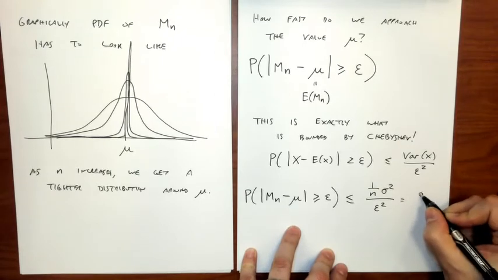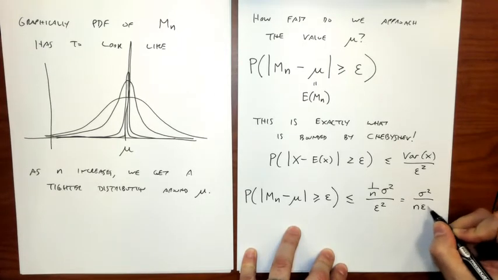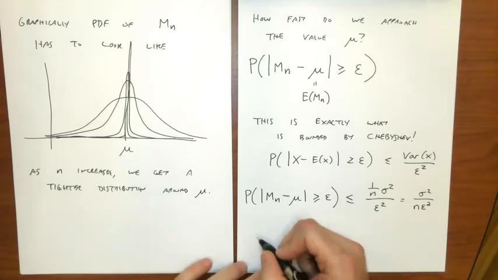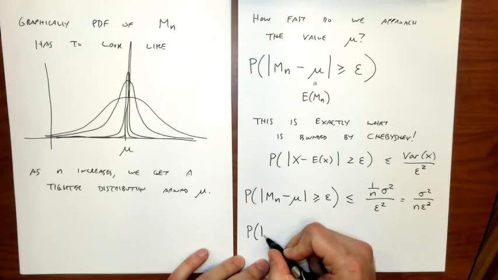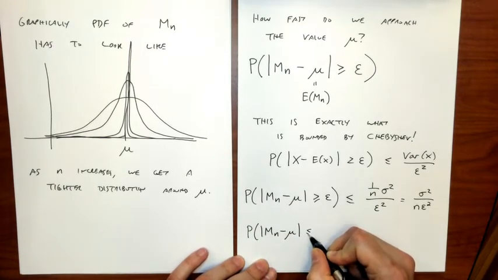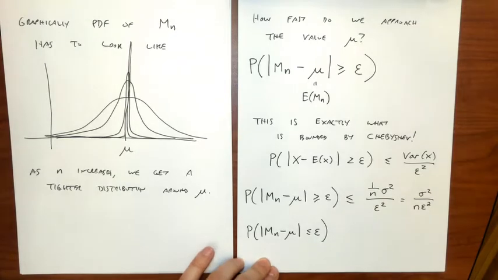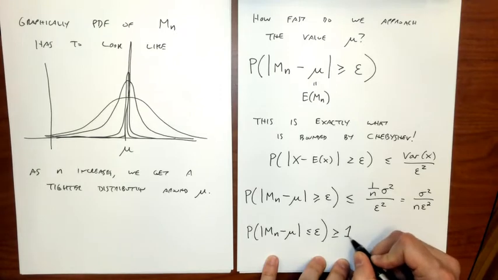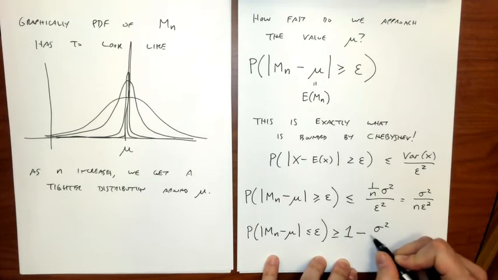So that's sigma squared over n epsilon squared. Or I could flip it around and say the probability that I am epsilon close to the mean, so here I'm just flipping the sign of this thing, has got to be at least 1 minus this thing.